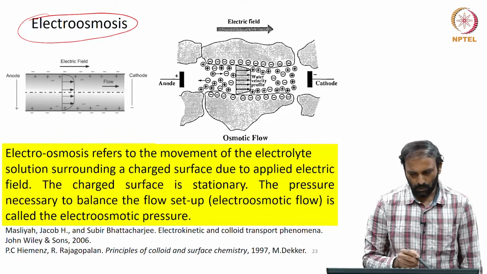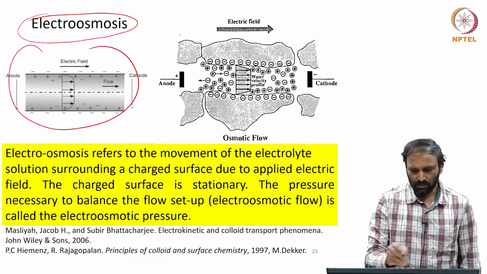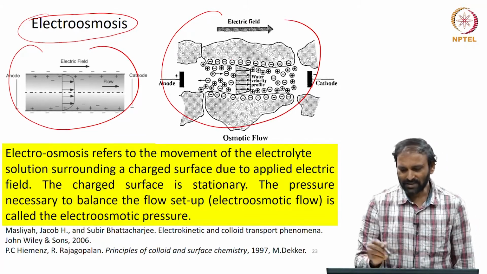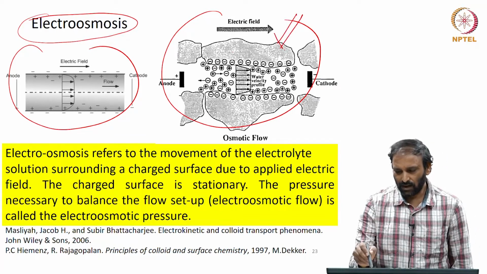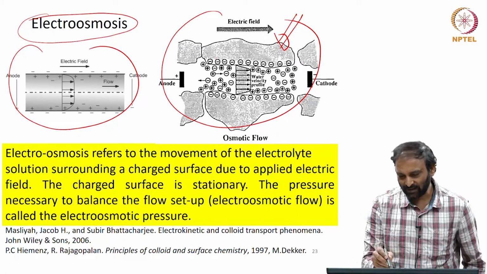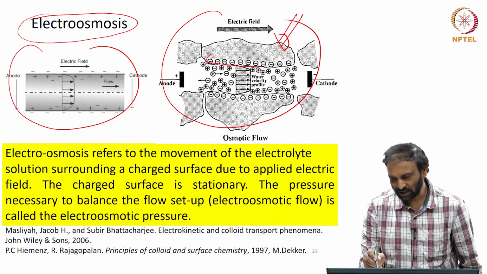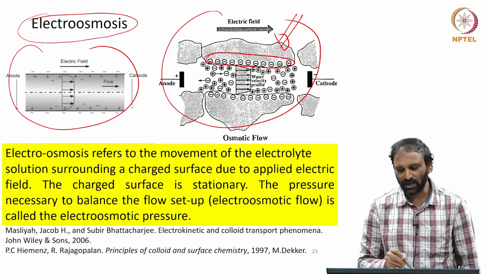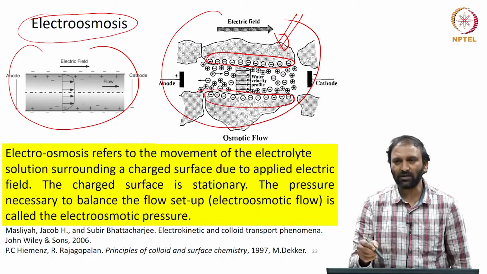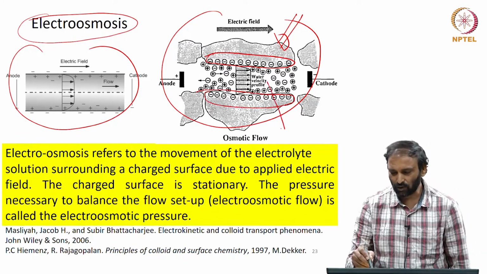There are two schematics here. You could think about this schematic as a case where you have a pore, and say the surface of the pore is charged. In this case, it is negatively charged, and what is contained between the charged surfaces is an electrolyte solution.